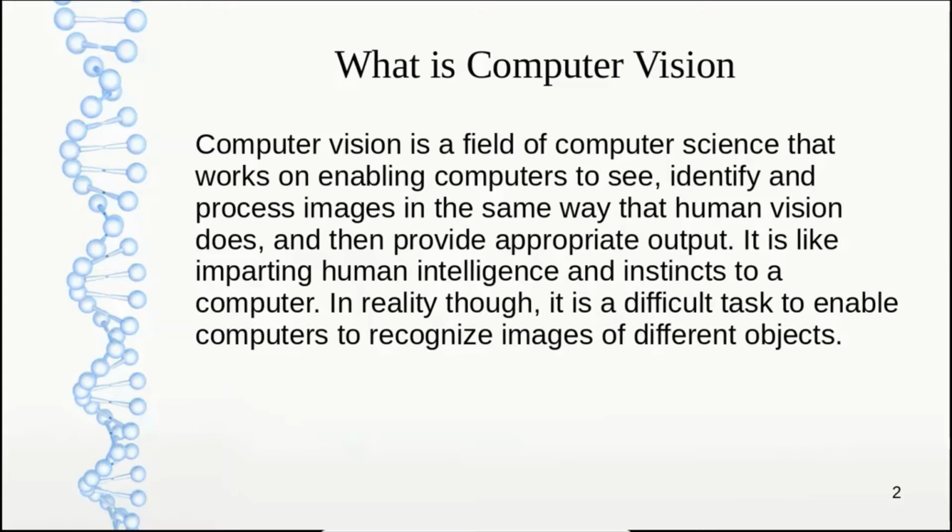The way a computer looks at those images is quite different from ours, and the processing is obviously different as well. It's like imparting human intelligence and instincts to a computer. In reality though, it is a difficult task to enable computers to recognize images of different objects, so a little combination of AI is being used here in computer vision.